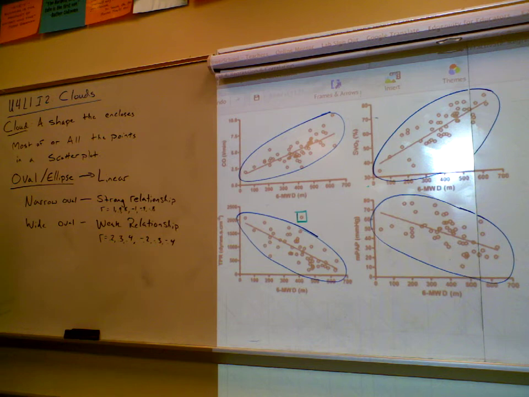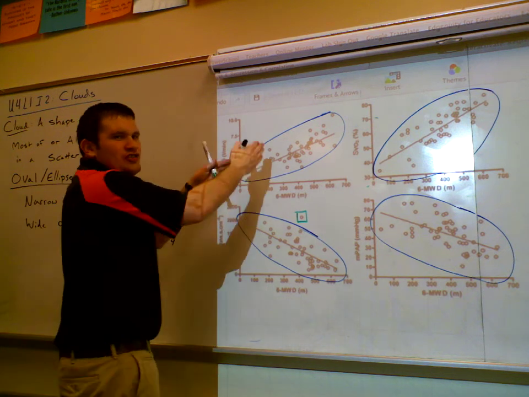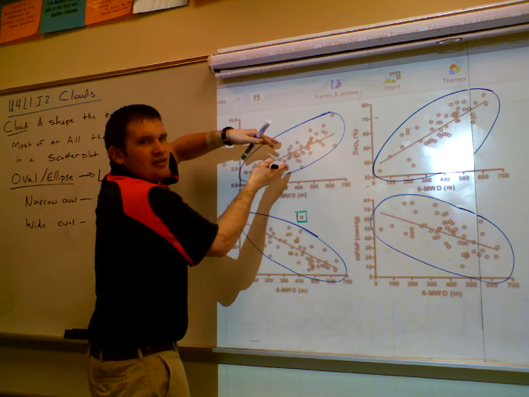Now, what is the widest oval you can think of? What are we leaving out here? A circle. What's a circle? It's an oval, because ovals usually are really wide on one side, really short on the other side, right?